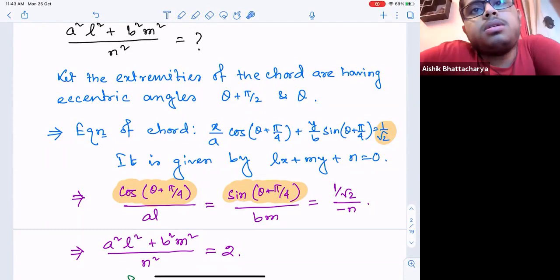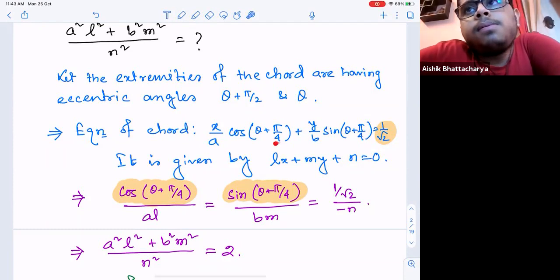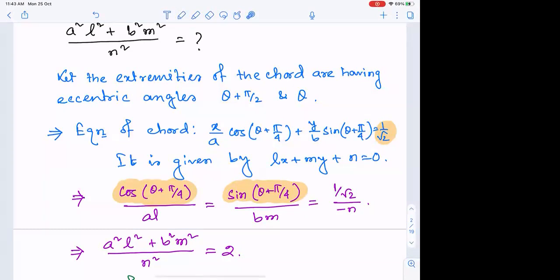Because over here, if the angle is not pi by 4 but any constant alpha, we are not going to have any impact. Ultimately, having these values, we go for the sum of the squares being 1, the identity. So it does not matter. It will only have an impact on this 1 by root 2 if some other constant is given for the difference of the eccentric angles.